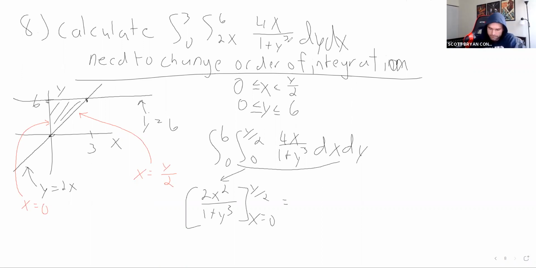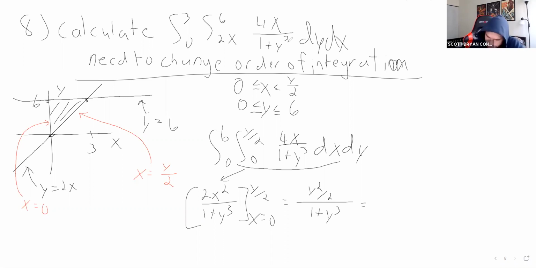When we plug in x equals 0, we get 0, so that doesn't show up. So 2 times quantity y over 2 squared is going to be y squared over 4, or sorry, y squared over 2. And all that is divided by 1 plus y cubed.